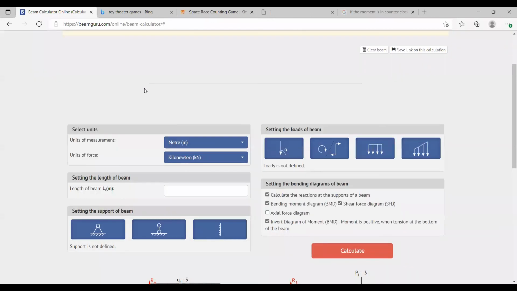Okay, so here we are. We have just the beam with no supports. We are working in meters and kilonewtons, so our units are correct. If you have pounds and kips, you just have to change these values here. I'll leave them like that. My beam length is 9 meters.